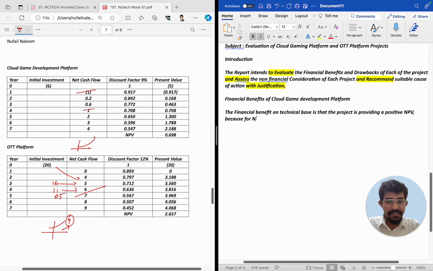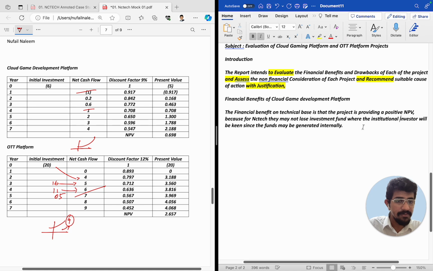Because for NcTech, they may not lose investment funds, where the institutional investors will be keen since the funds may be generated. Look at the term I am using: may be generated internally. What students? Internally. Keep that in mind for your answer planning. That is very, very, very important.